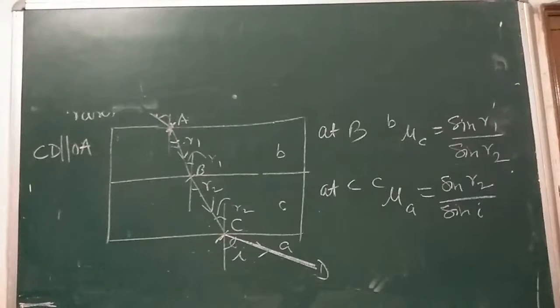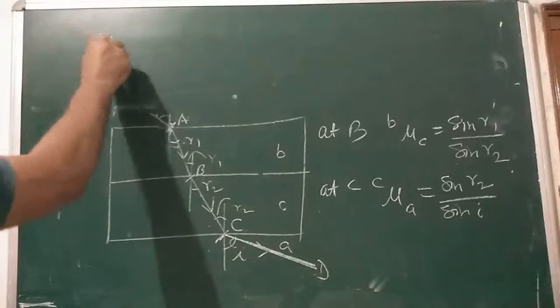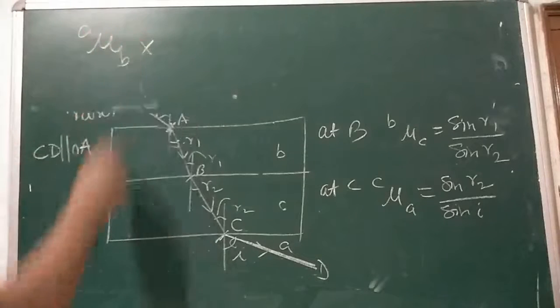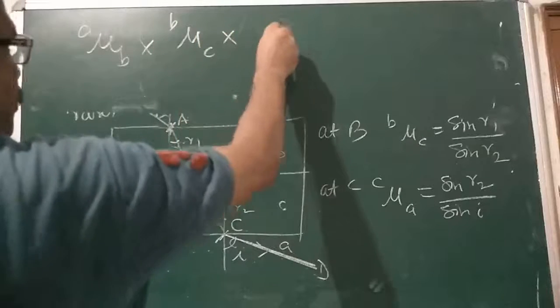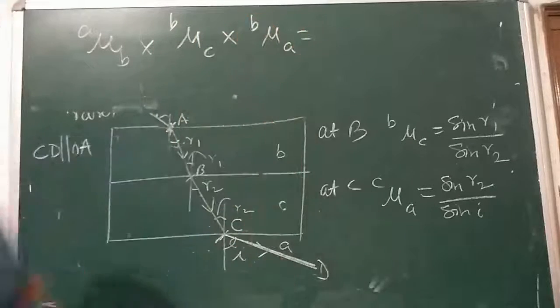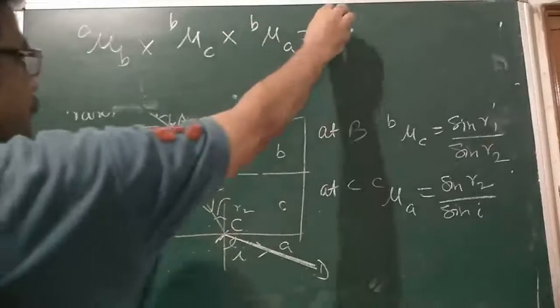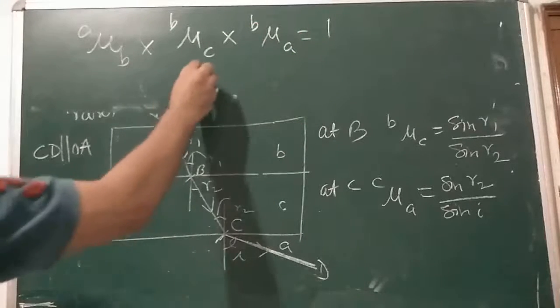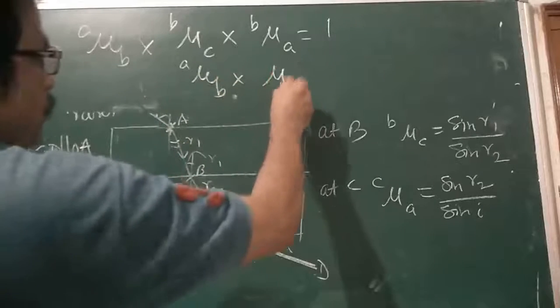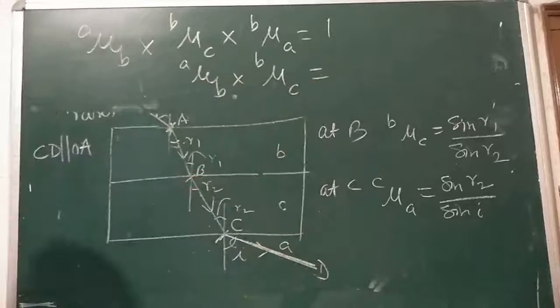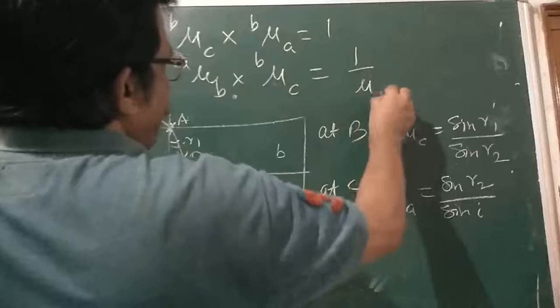Now, the refractive index of μBA into μCB into μAB, multiply all these three, you will get 1. So I can write refractive index of BA into refractive index of CB is equal to 1 by refractive index of AC.